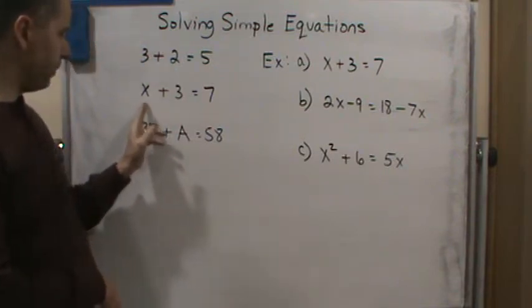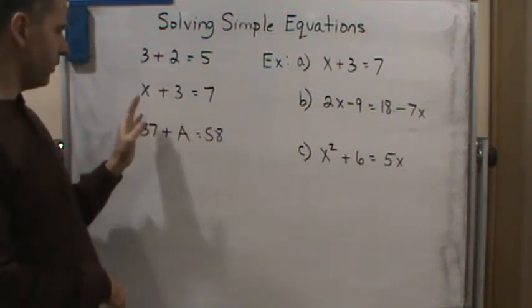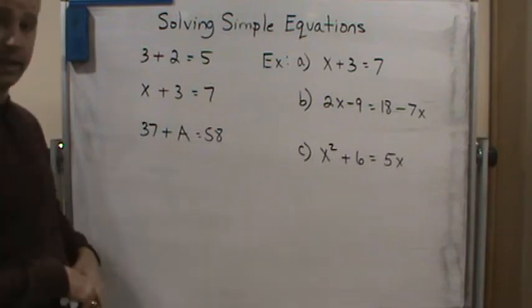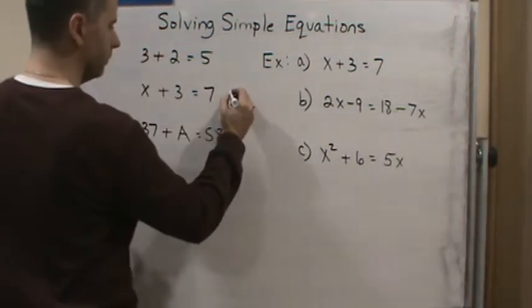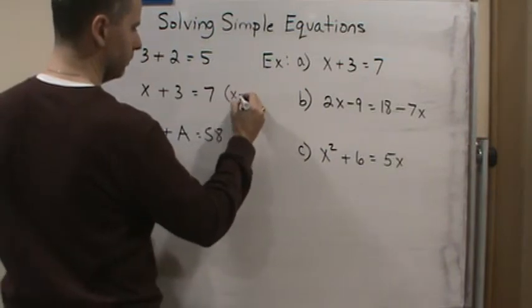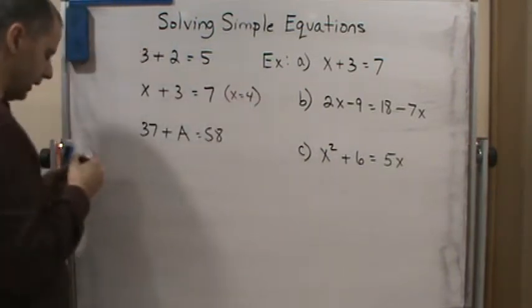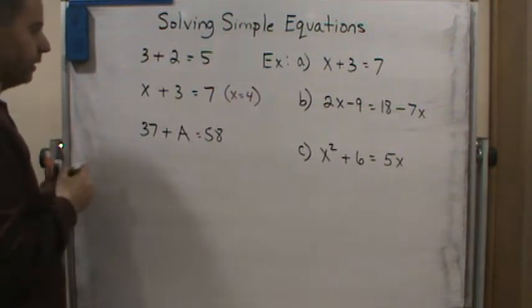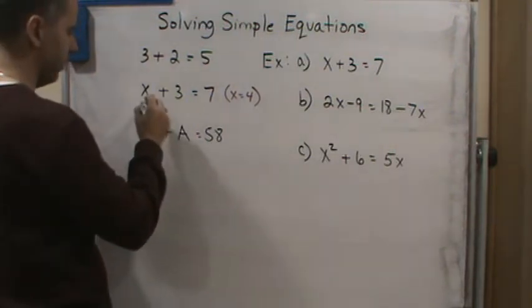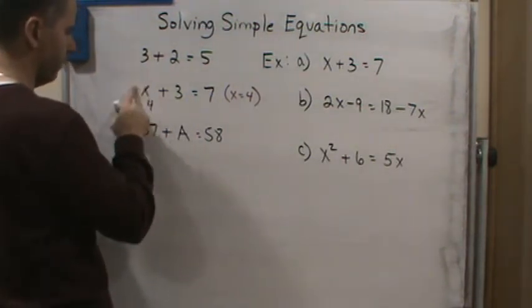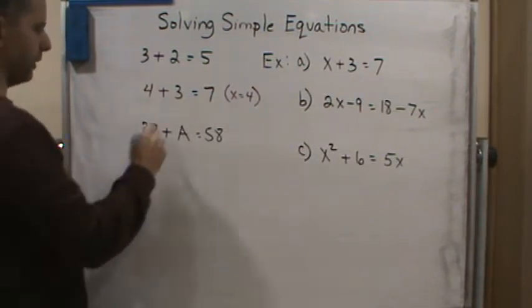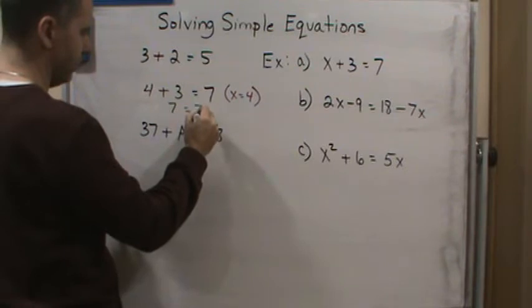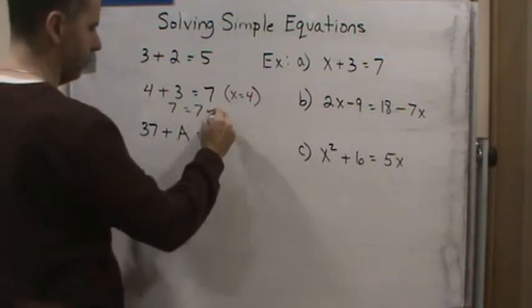For example, in this case here, the solution to this equation is x equal to 4, because if x equals 4, then we get 4 plus 3, which gives us 7 is equal to 7, which is true.